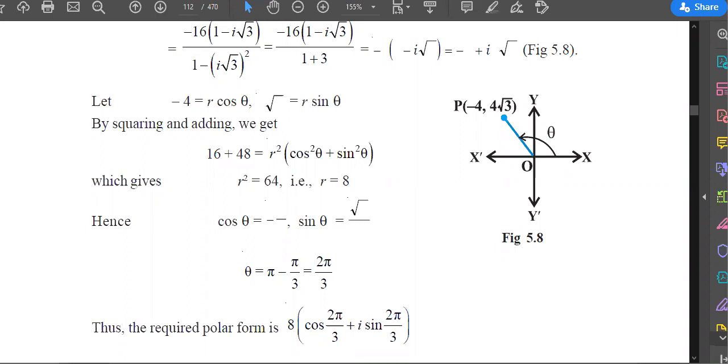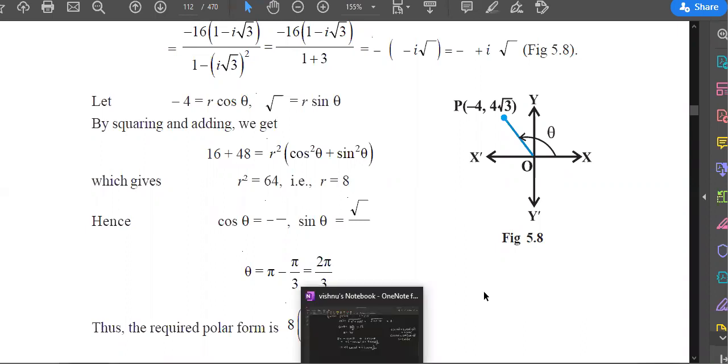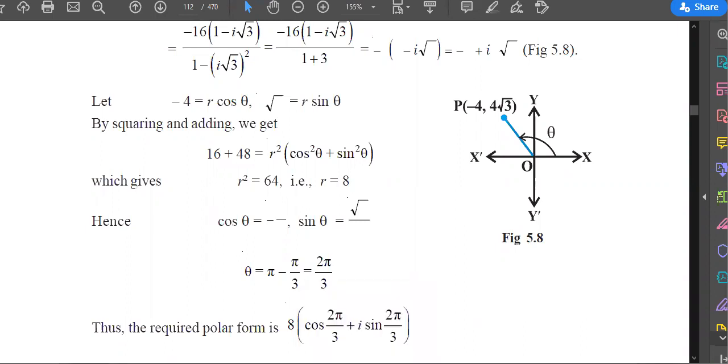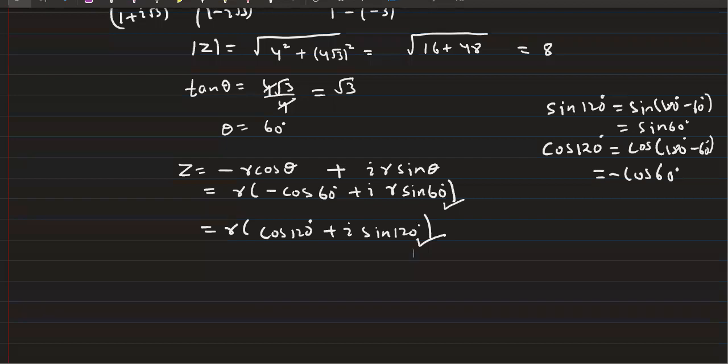Now the second reason to write in this form: you can write cos theta plus I sin theta into e to the power I theta. So it will be 8, r is 8, we have already calculated, e to the power I, not 120 but 2 pi by 3. Okay, as simple as that.